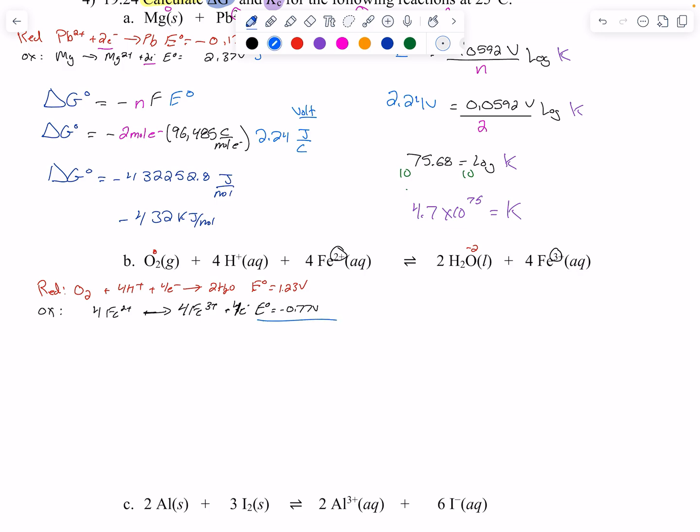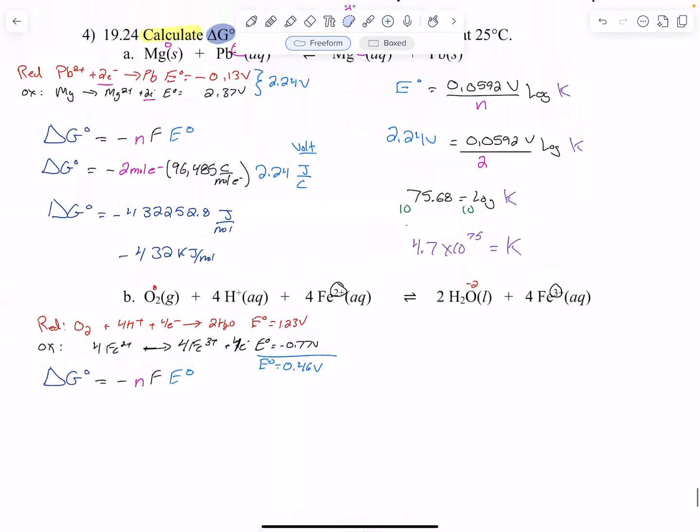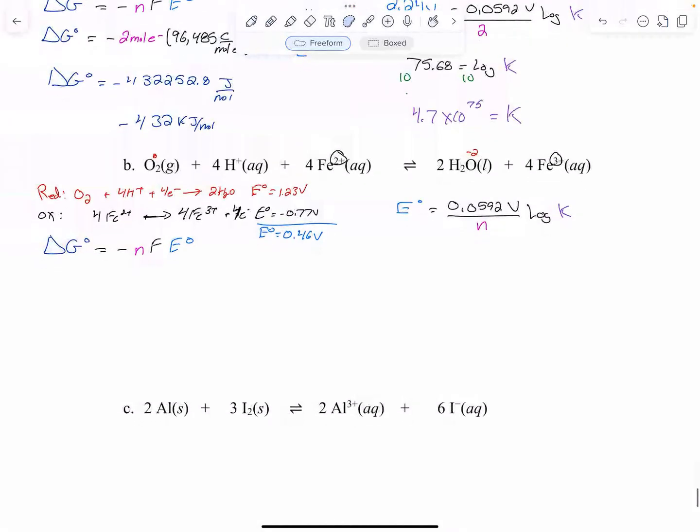If we add those up, 1.23 minus the 0.77, we get 0.46. We're going to use the same formulas right here. Like how I can cheat like that. That's kind of neat. I like that.